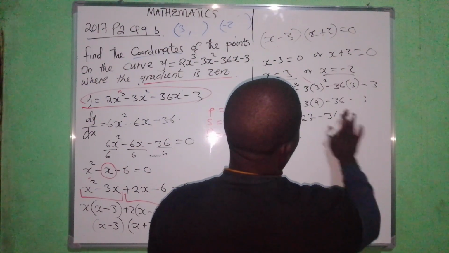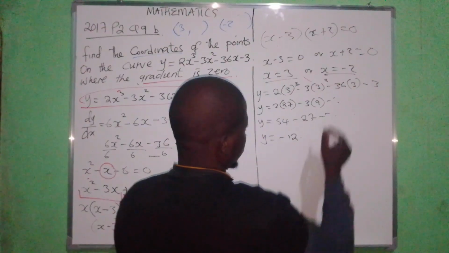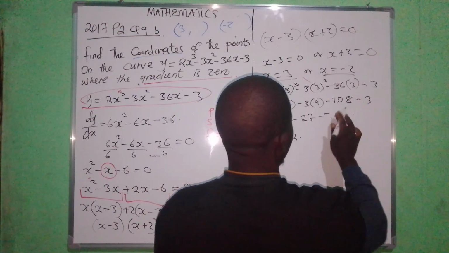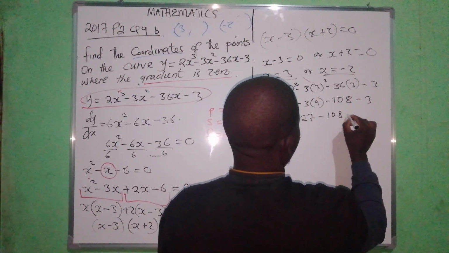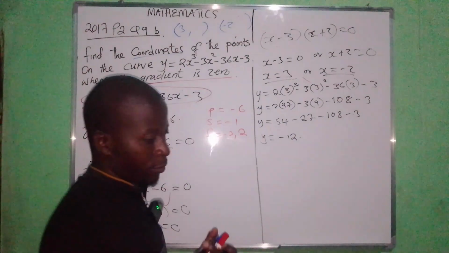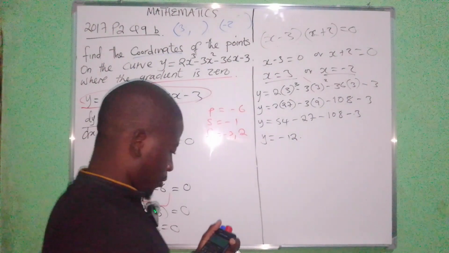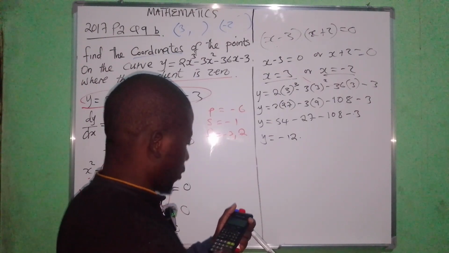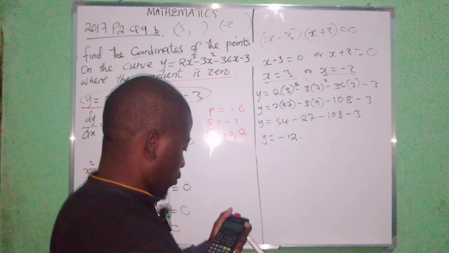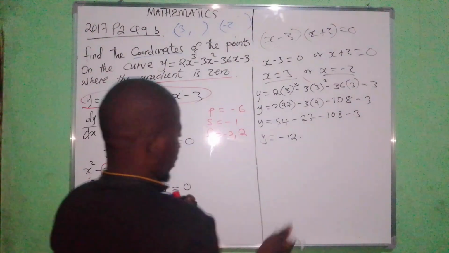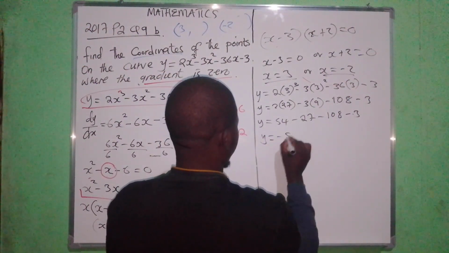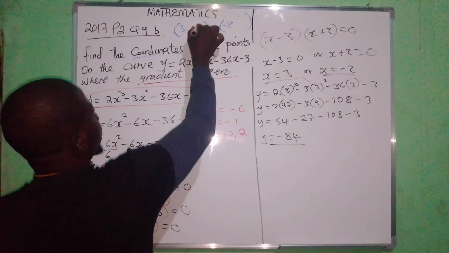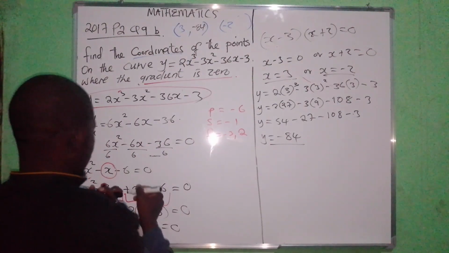It's supposed to be actually 108 minus 3. From there, we say 54 minus 27 minus 108 minus 3. We have negative 84. So we fuse in negative 84 there. That's one pair of coordinates.